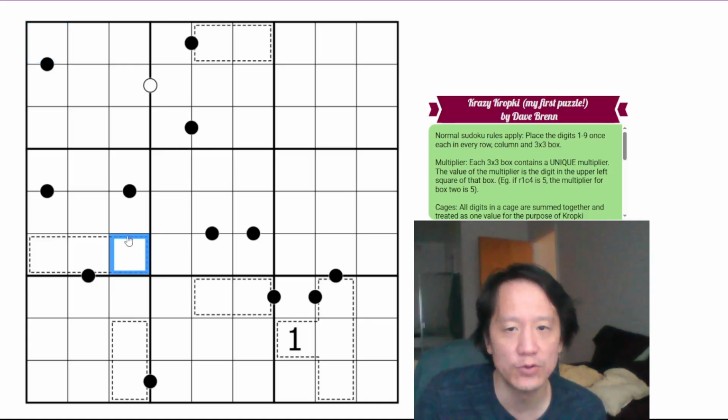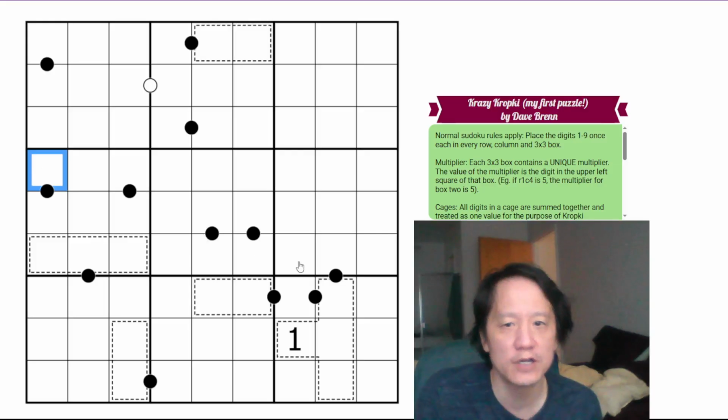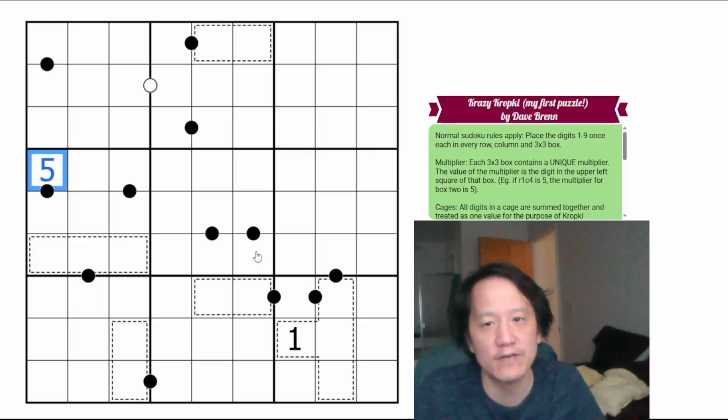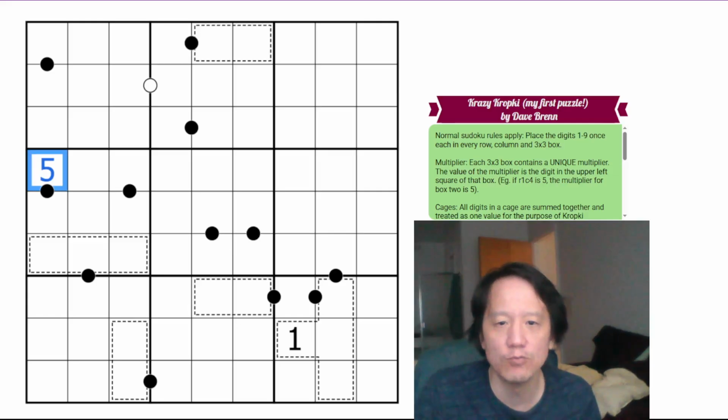For example, if row 1, column 4 is a 5, the multiplier for box 2 is 5.